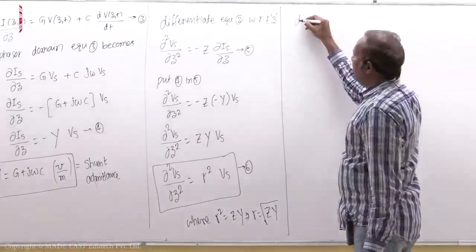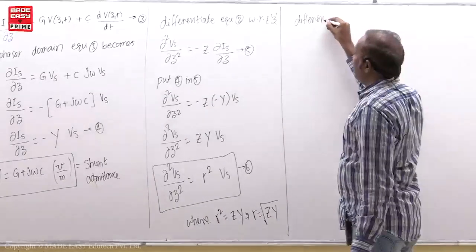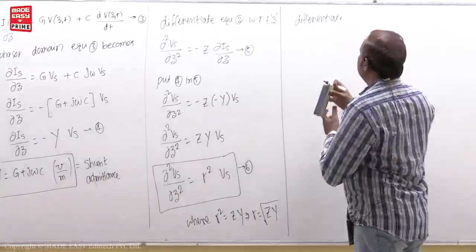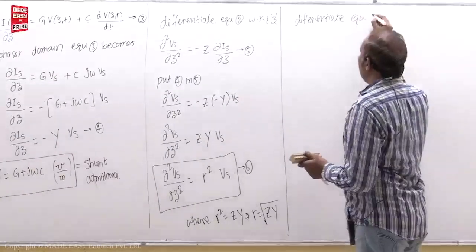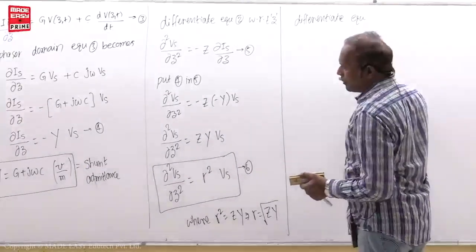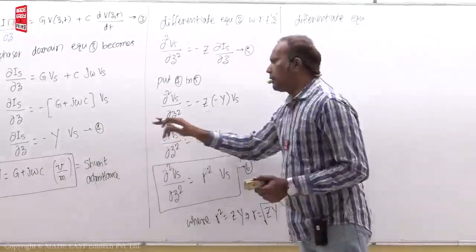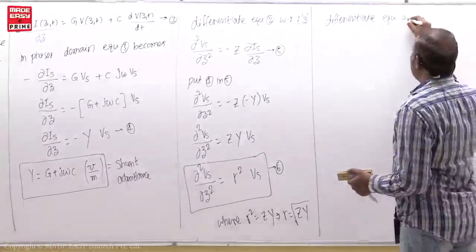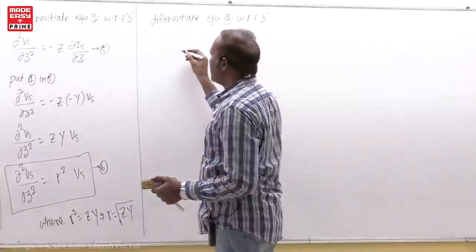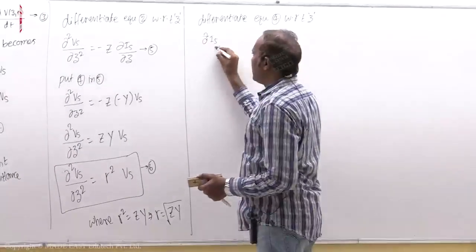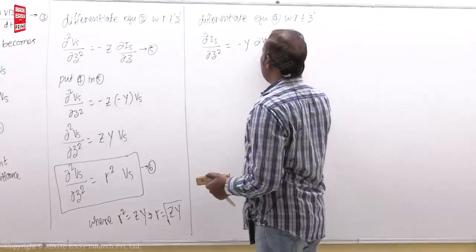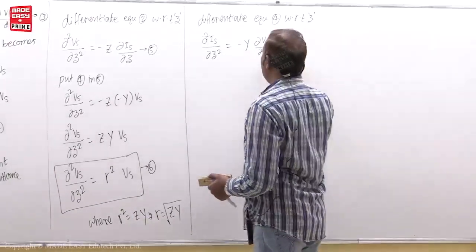Similarly, differentiate the current equation, equation 4, with respect to z, both sides. Then dou square Is divided by dou z square is equal to minus y into dou Vs by dou z.